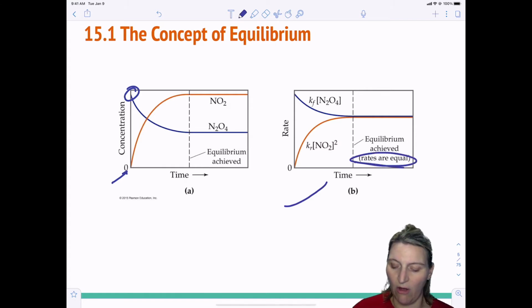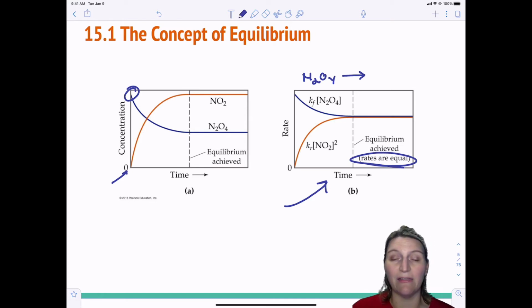And you can see that on the diagram on the right, that the rate is the y-axis, and you can see that at first the forward reaction, which is the N2O4 decomposing, starts out really fast, and then the rate eventually slows down.